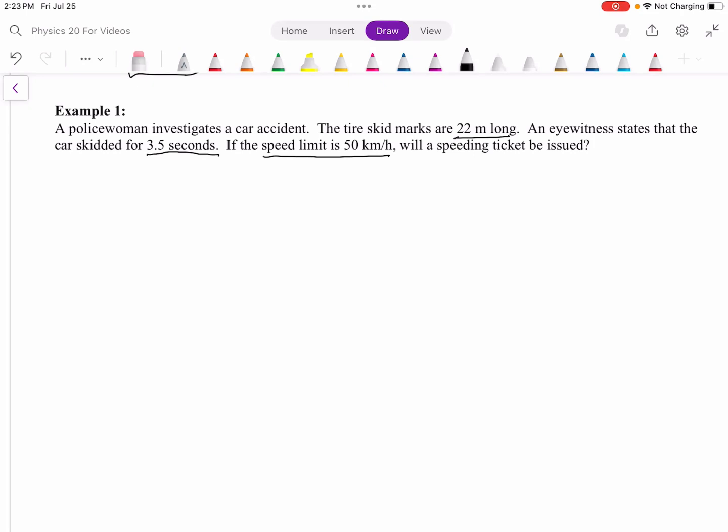So if the tire skid marks are 22 meters long, that's telling us about a displacement that was traveled. If the skid marks are 22 meters long, it was traveling that far, so it was moving initially and it got in an accident. At the end, well, we can read between the lines a little bit here, right?